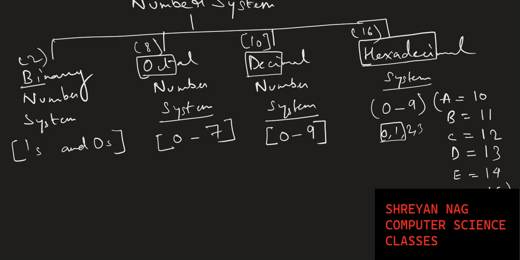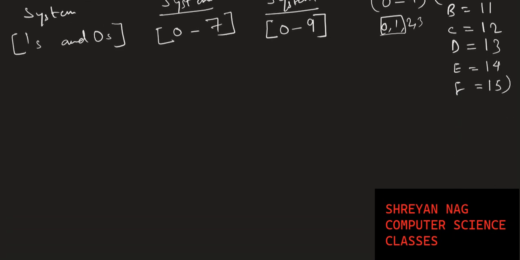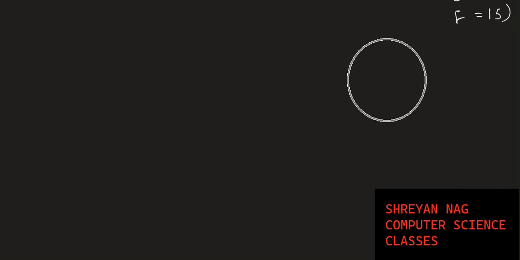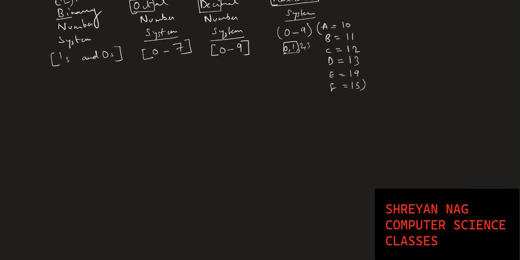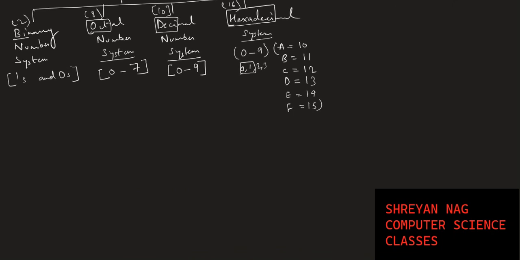That is why the hexadecimal number system uses A, B, C, D, E, F for the rest of the part. Now we are going to look at how to convert a binary number system into octal, decimal and hexadecimal.